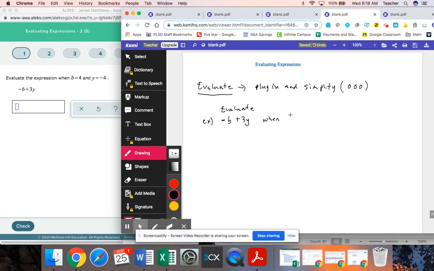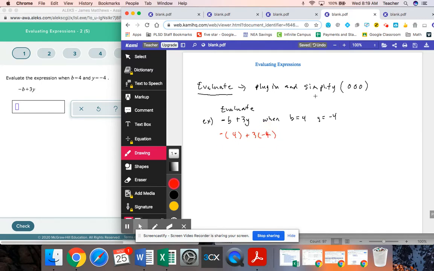So evaluate that when b is equal to 4 and y is equal to negative 4. That means plug in. And I've already said before that whenever I plug in, I use parentheses. So instead of b, I'm going to write 4, and then plus 3, and instead of y, I'm going to write negative 4. All I did was plug things in.